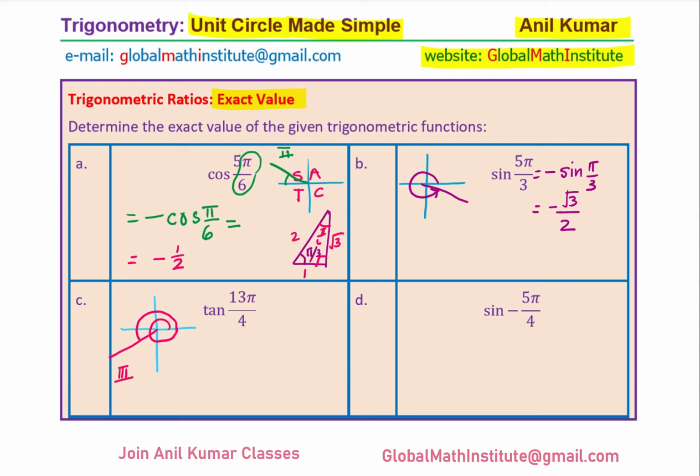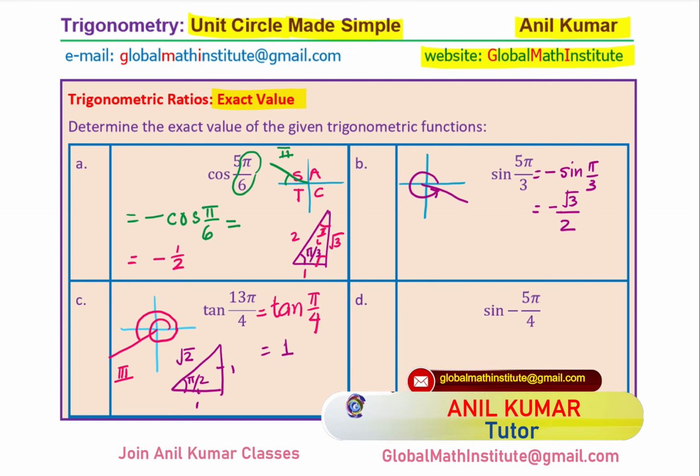In quadrant 3, tan is positive, therefore this will be positive, and the related acute angle is pi by 4. So you can use the special triangle, which is pi by 4, pi by 4, pi by 2, right? And clearly the value is 1, and therefore this ratio is 1. Is that clear to you?